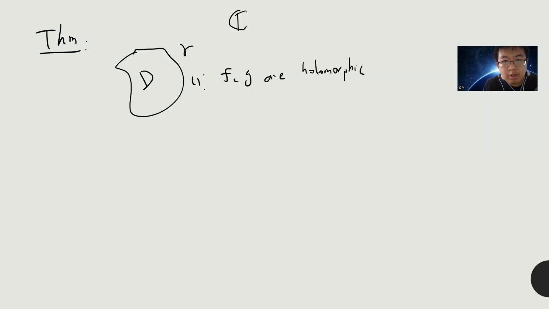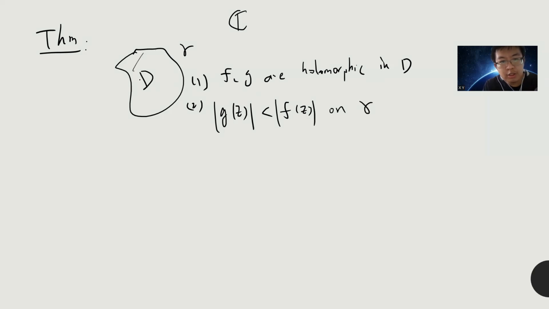The first condition is that they are holomorphic in D. The second condition is that the absolute value of g is less than the absolute value of f on gamma. D is the domain enclosed by gamma, so D is an open set. So we require f and g to be holomorphic in D, and |g| < |f| on gamma.